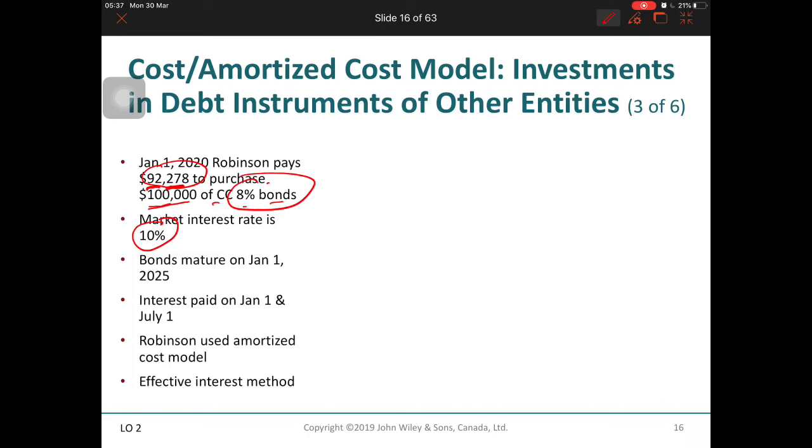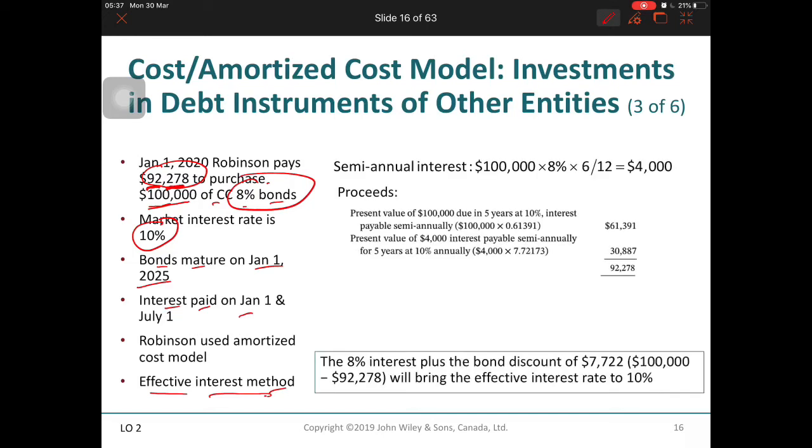The bonds will mature on January 1st, 2025, and interest is paid every 6 months, and the effective interest method is used. So semi-annual interest will be 100,000 multiplied by 8% and multiplied by 0.5, which gives 4,000 of cash received every 6 months.